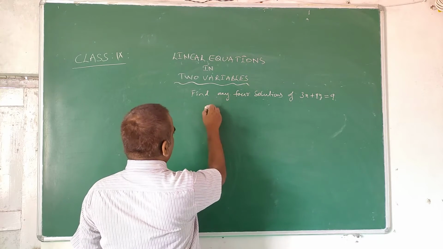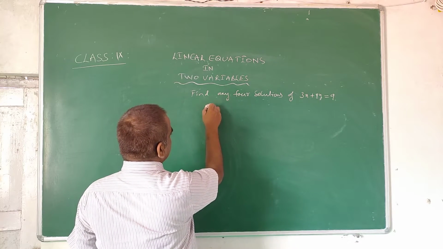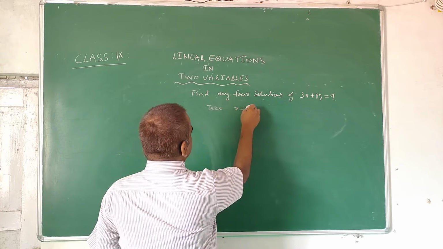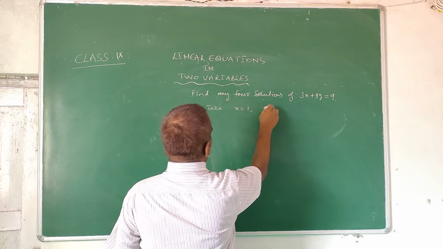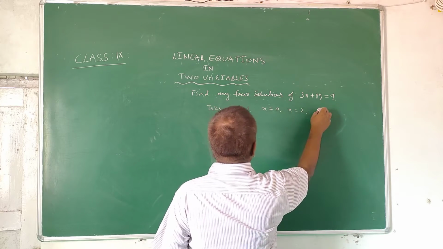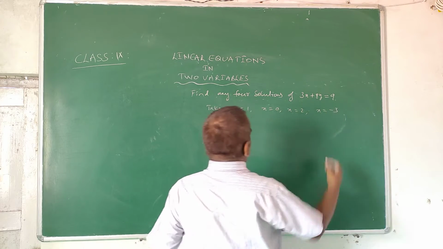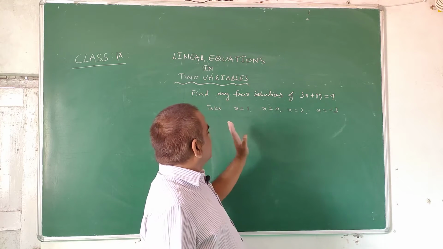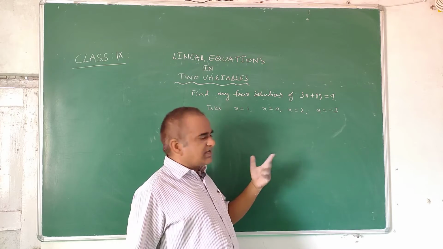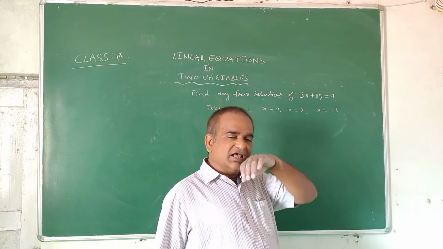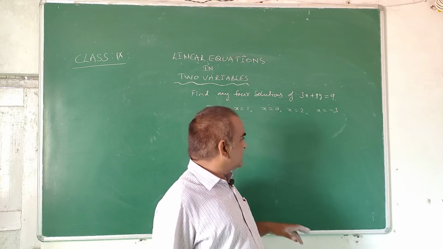So for that, take some values for x you wish. x is equal to 1, x is equal to 0, x is equal to 2, x is equal to minus 3. Like this you can choose any values for x. Not necessarily integers, they can be rational numbers, irrational numbers. You can choose any real number for x.